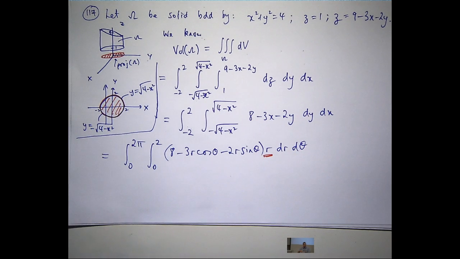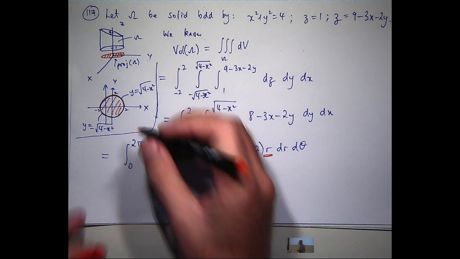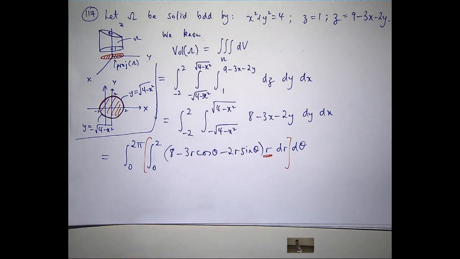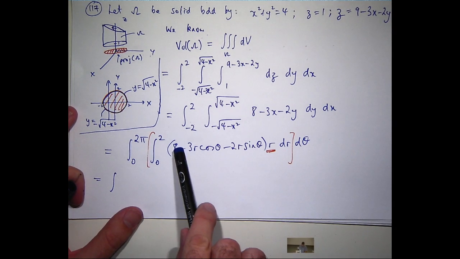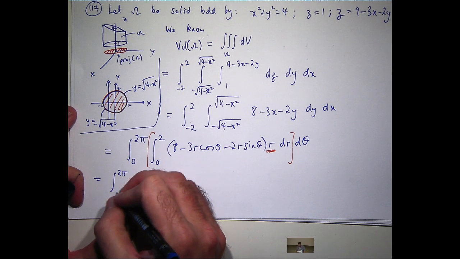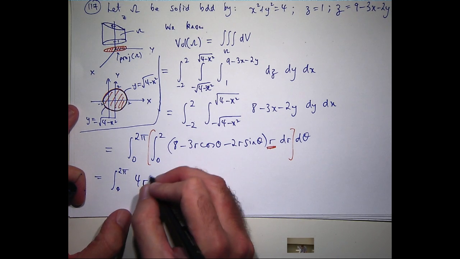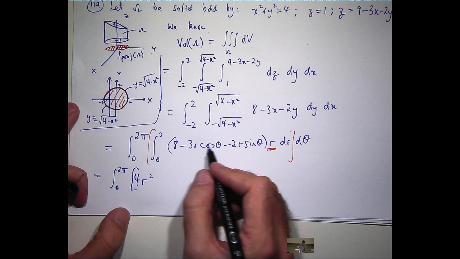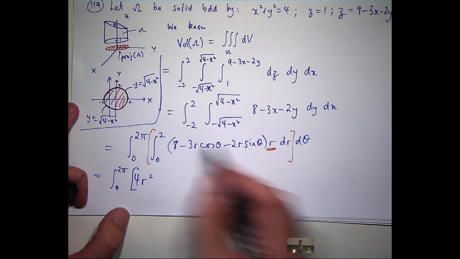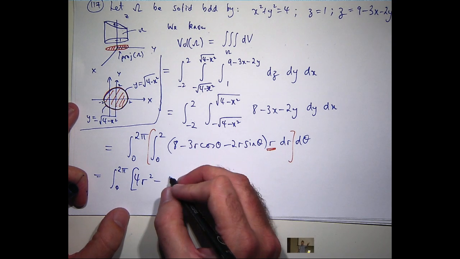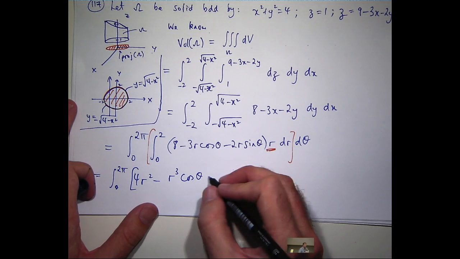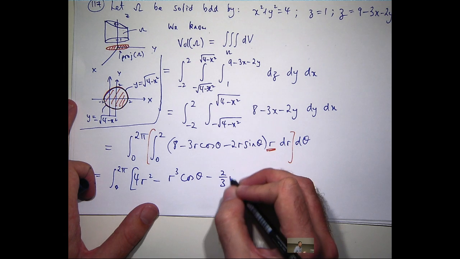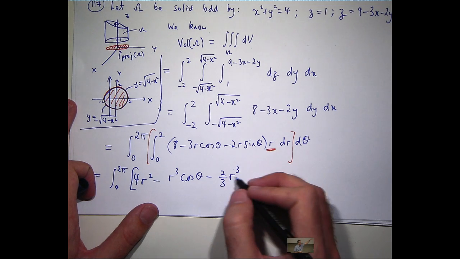So let's, again, do the inside integral first and then the outside integral. So when I multiply through here, I'm going to get 8r. When I integrate that, I'm going to get 4r squared. Over here, I'm going to get 3r squared, so I'm going to get r cubed. And over here, I'm going to get 2r squared. When I integrate it, it will be 2r cubed on 3.